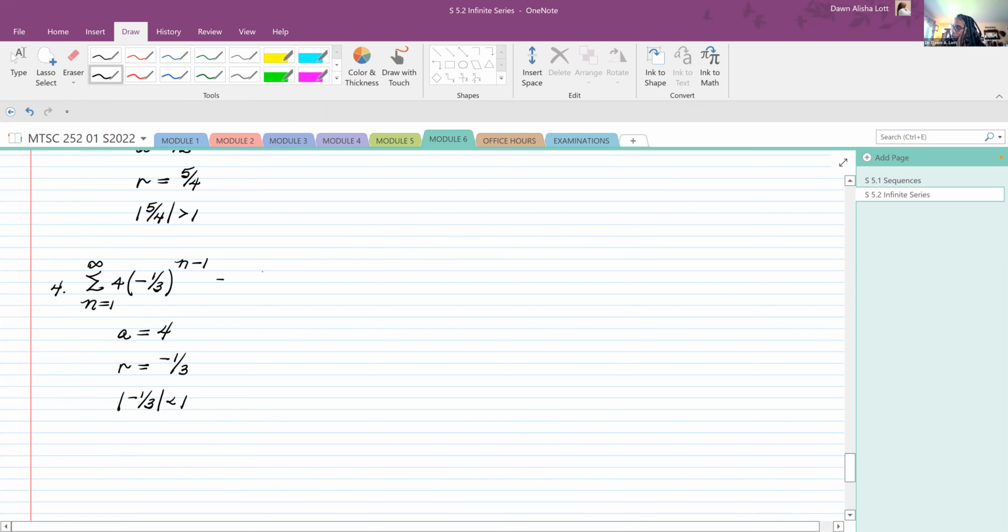So this will converge to A over 1 minus R. Which is 4 divided by 1 minus -1/3. So the 1 minus -1/3 is 1 plus 1/3, so that's 4 divided by 4/3. So that's 3. Okay, any questions?